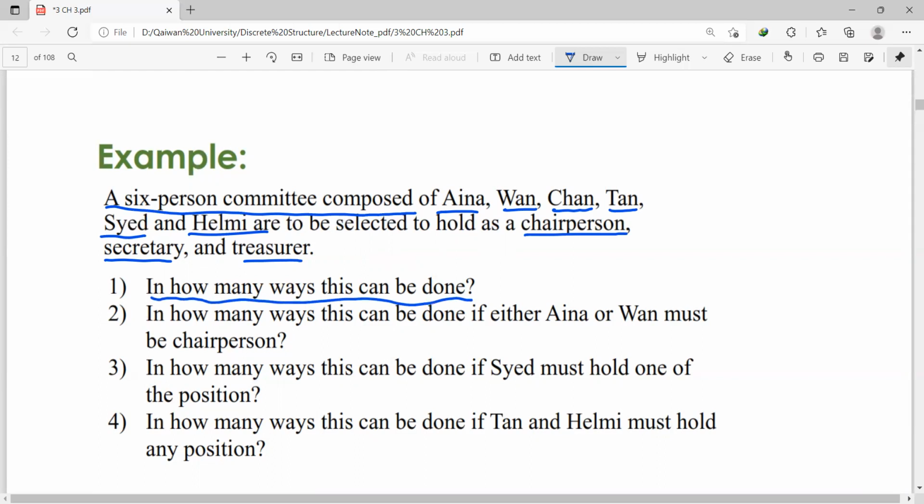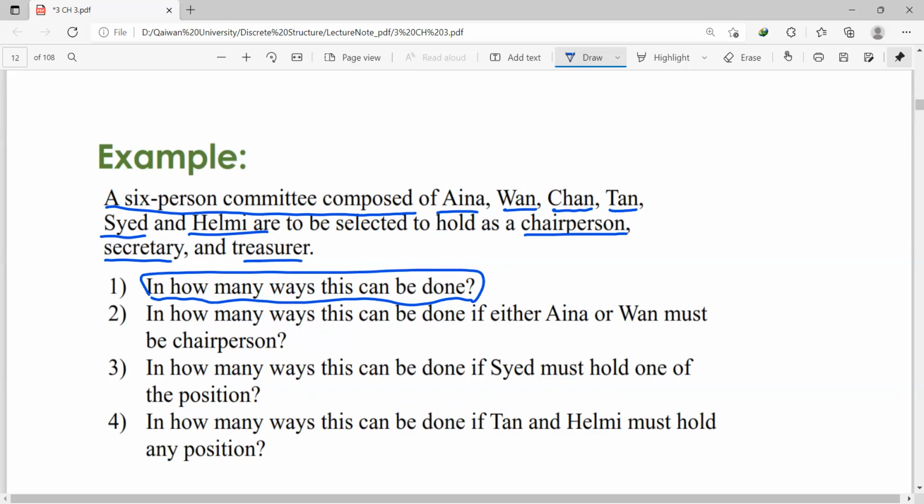I mean, in how many ways we can give the positions to 3 of them? As you see here, we are going to choose 3 among 6. That means we are going to choose 3 of them for 3 positions.